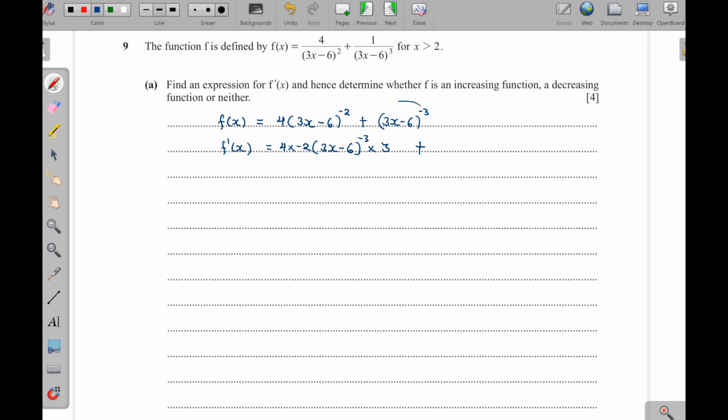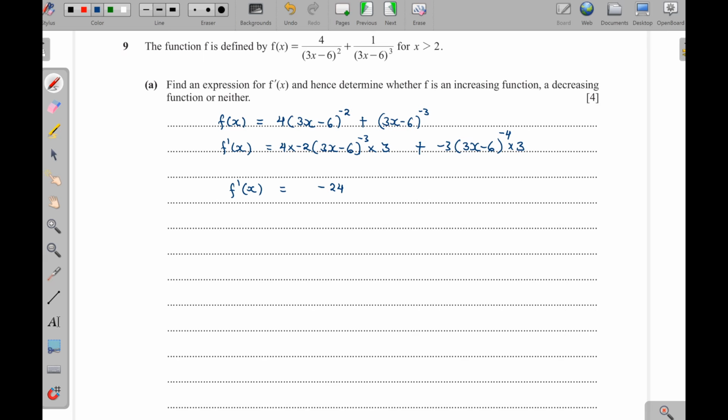Then plus, drop this one here, you'll have negative 3, into 3 of x minus 6, to the power of negative 4, because when you reduce this by 1, it becomes negative 4, and then times the 3 that comes from the derivative of what is inside there. So this is 8 times 3, that is 24. So we shall have negative 24.